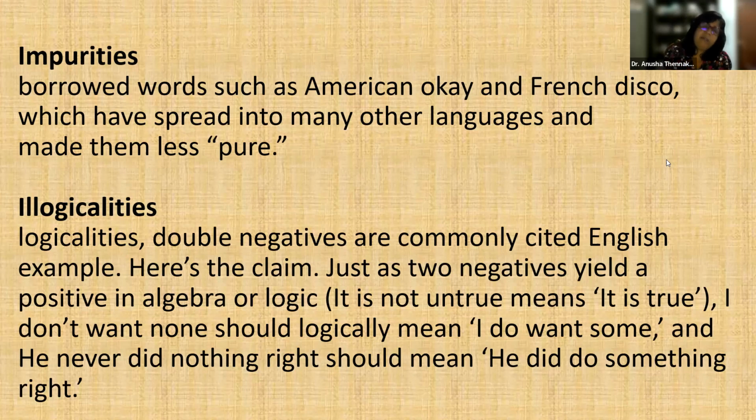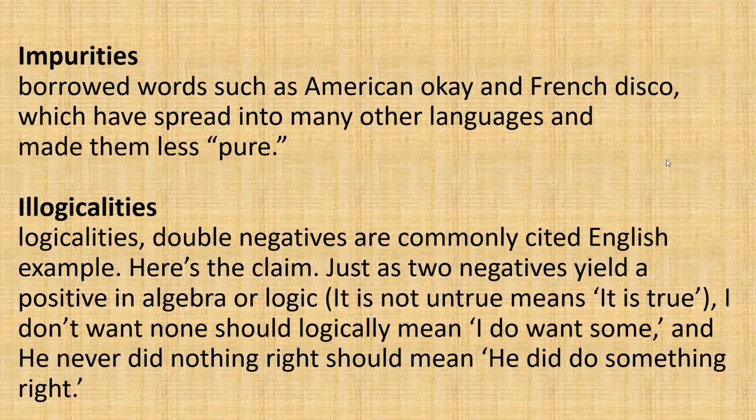Book becomes books, pen becomes pens, house becomes houses. But why is sheep still sheep, even in plural form? That's illogicalities. There are lots of illogicalities in languages. Is that clear? Yes, ma'am.